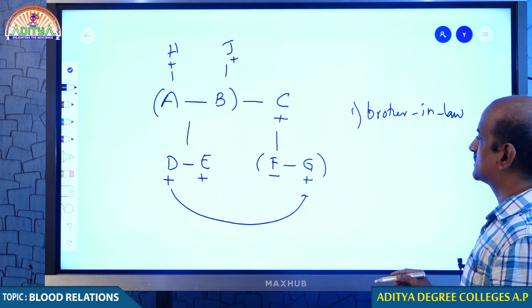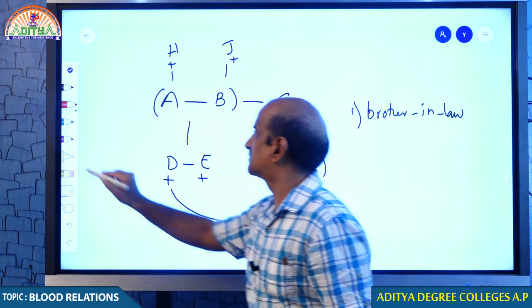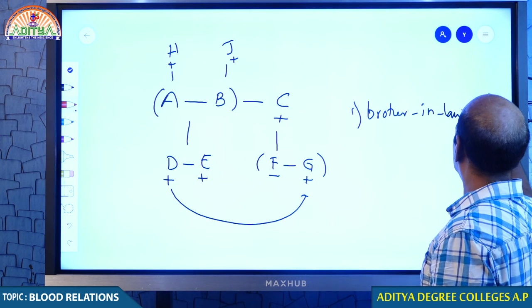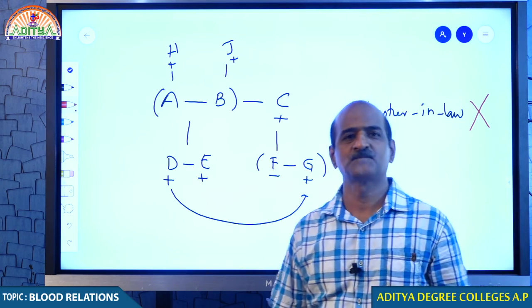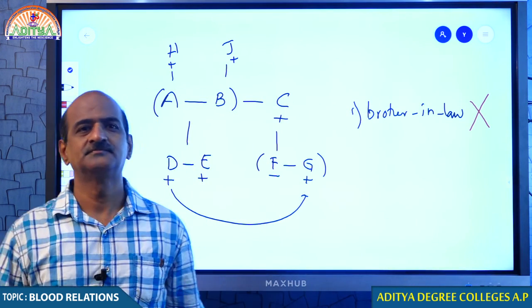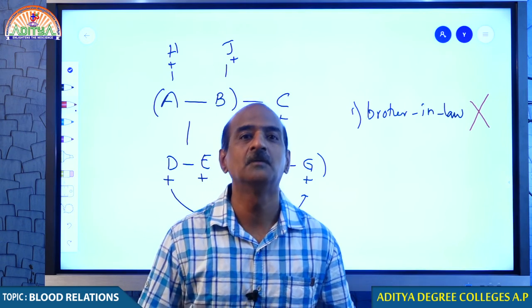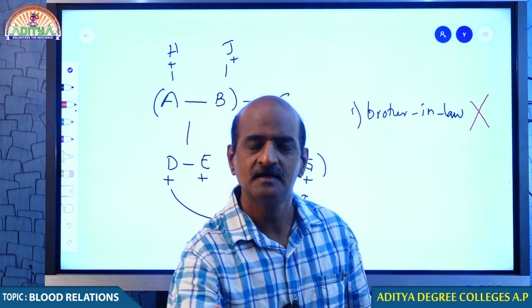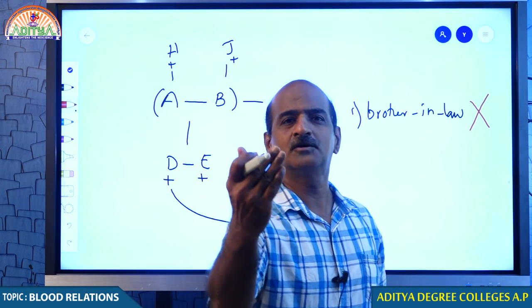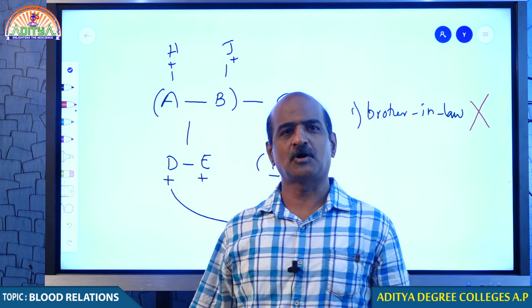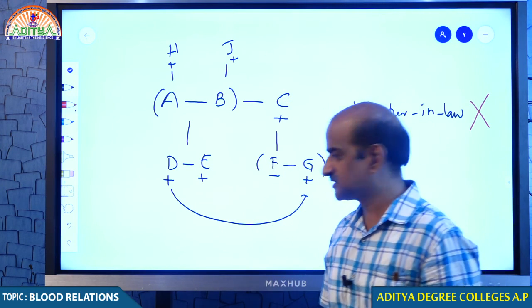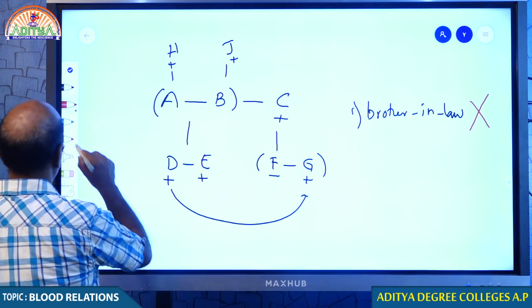For your information, my dear students, this is the wrong answer. Why? Come on, why? If I am brother to X, I will be brother-in-law to X's spouse. Do you understand that? Let me give you an example.